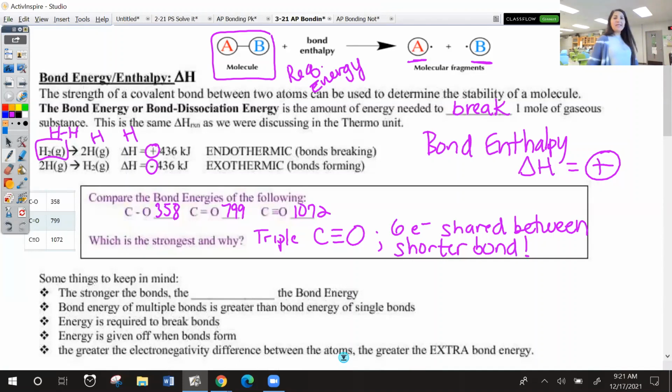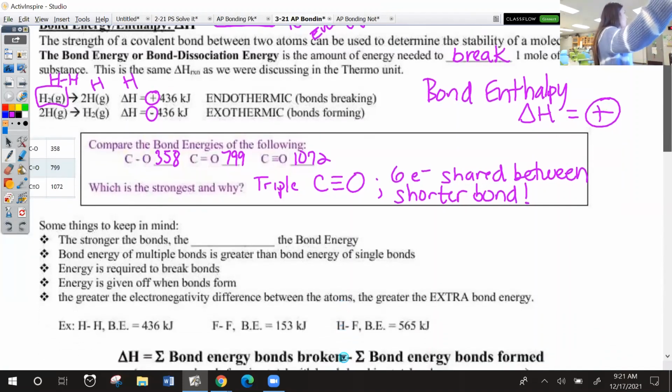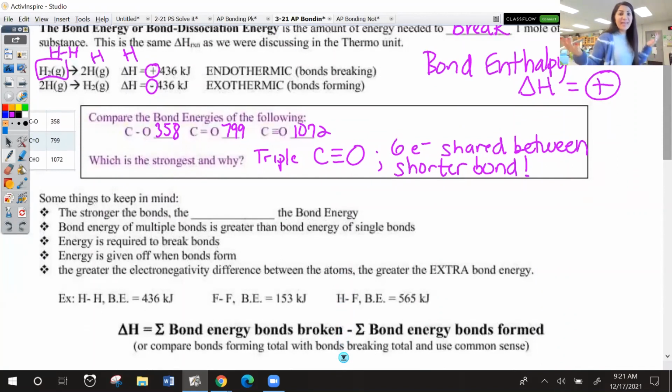Okay. Some things to keep in mind. So the stronger the bond, what do we think? The greater the bond energy. Okay, so the stronger the bond, the greater the bond energy. Bond energy of multiple bonds is greater than bond energy of single bonds, just like we said. So if you have a triple bond, that's going to be a stronger bond enthalpy than a double bond, which is going to be stronger than a single bond.